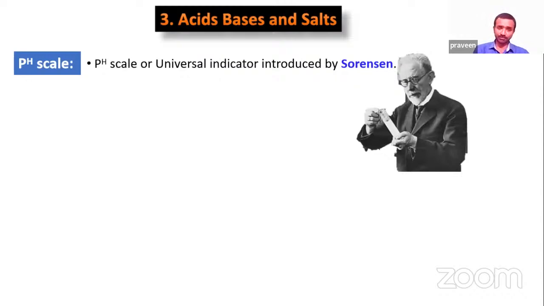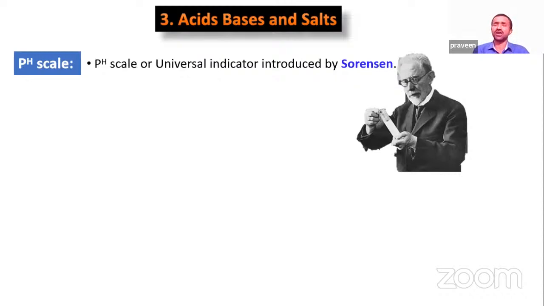This pH scale helps us to find out the acidic nature, basic nature or neutral nature of the given substance. Any of the three natures will be found.